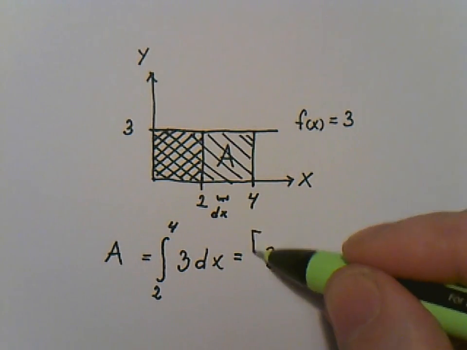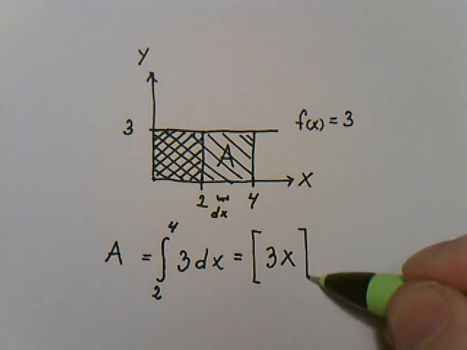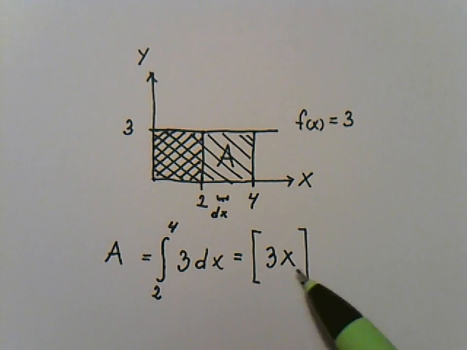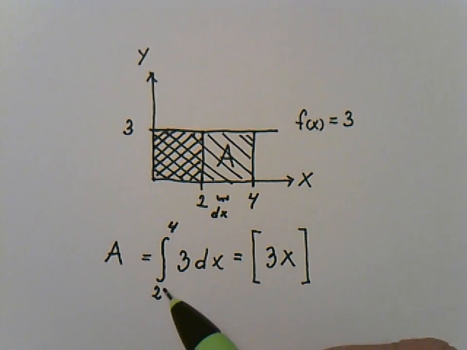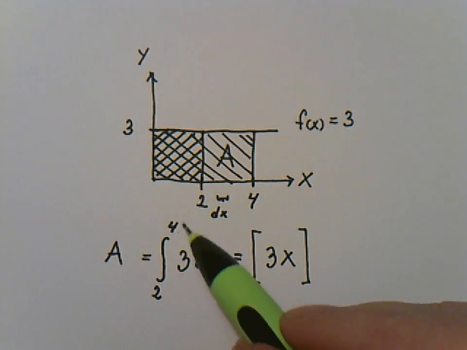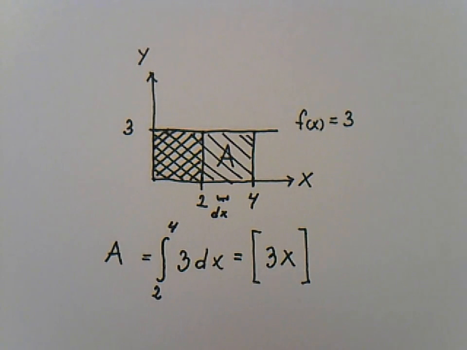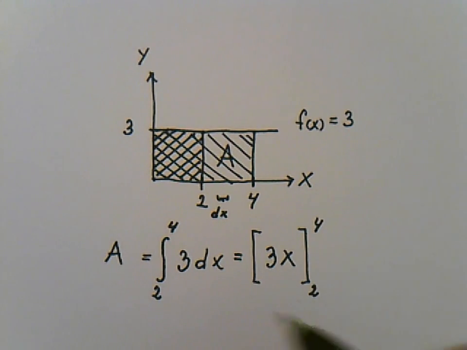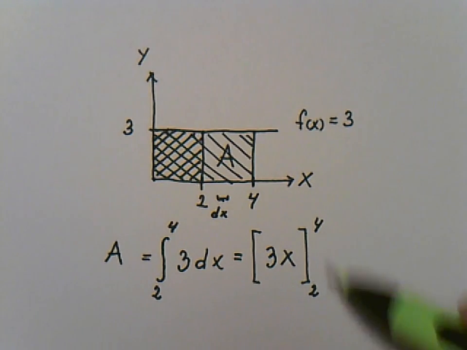And we use brackets to show that we have moved from the function value to the antiderivative. And the numbers, the under number and the upper number, we just write down, so we don't calculate anything there.